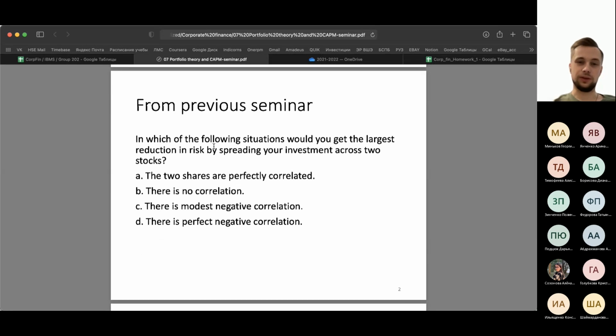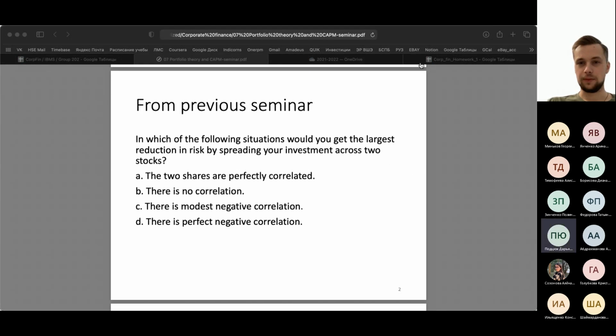If we talk about risk and portfolios, we can combine some shares, some stocks in a portfolio, and stocks have their correlations. In which of the following situations are we going to get the largest reduction in risk by forming a portfolio?